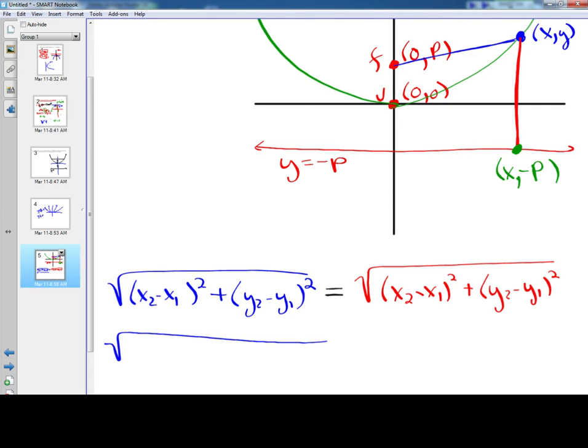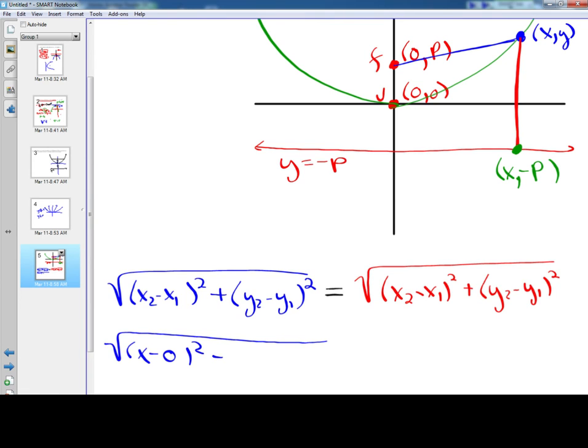First, the difference between the x's. So this is x minus 0. X minus 0. That goes here. Wait, how did you do it first? Because that's my second. Remember, it's always the big value minus the small value, isn't it? And since this one's further to the right, it's bigger than the one closest to the left. Okay? And then let's look at the y's.